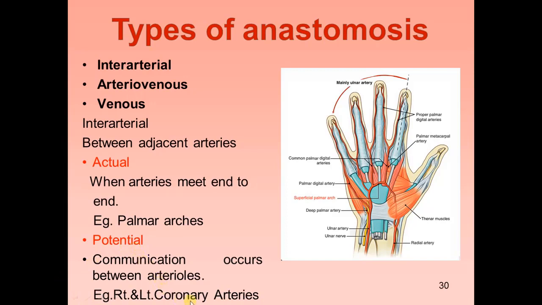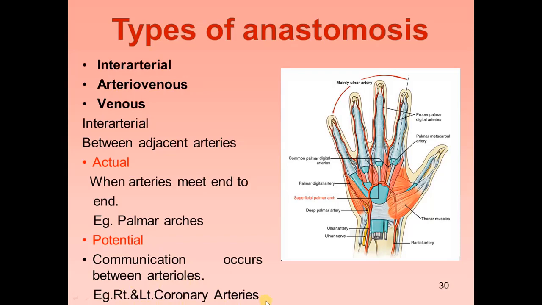Now when any block develops within these arteries, slowly the collaterals develop and the collateral circulation starts, if the block is gradual as time advances. So collaterals develop usually in elderly patients in the coronary arteries.